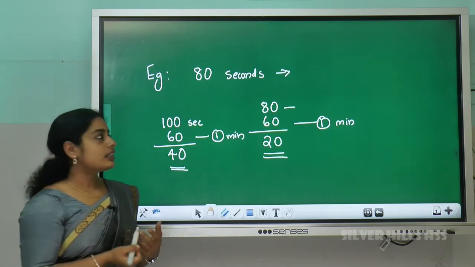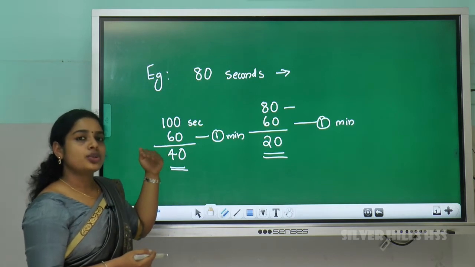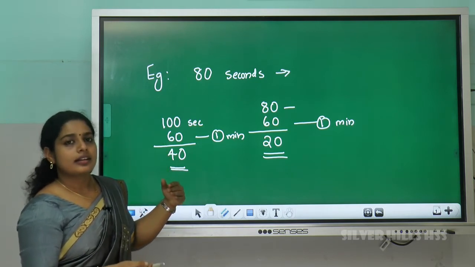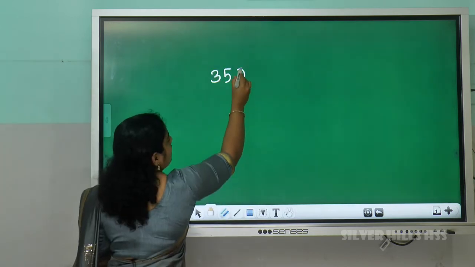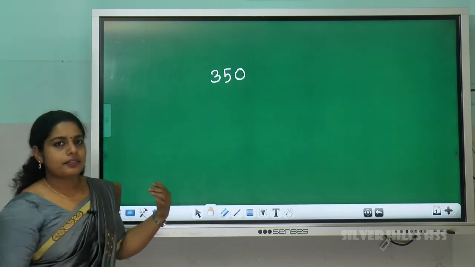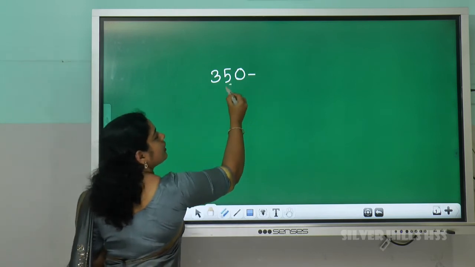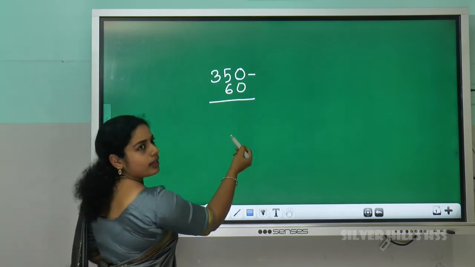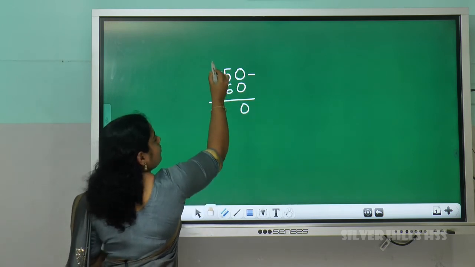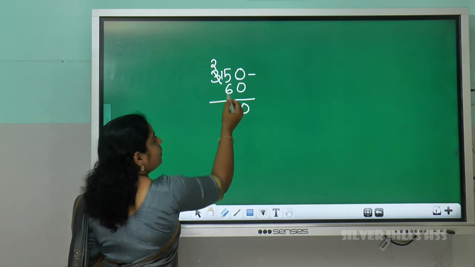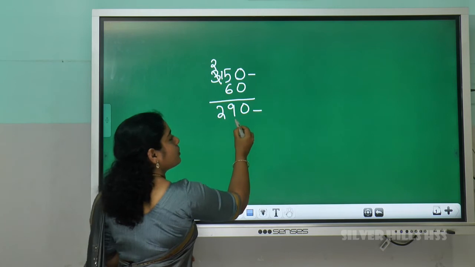But if it is a larger number, this subtraction is not practical because we will need to subtract 60 again and again. For example, if we want to find how many minutes there are in 350 seconds, as in our first method, we will subtract 60, then you will get one number. Again, this will be more than 60, so we will have to subtract 60 again from this 290.